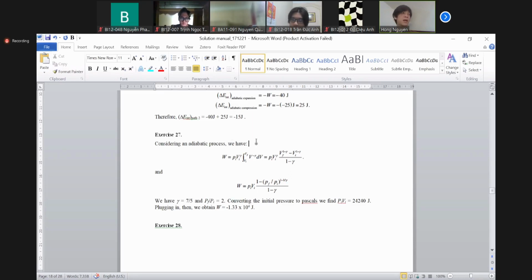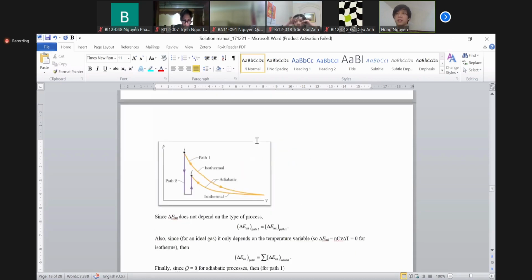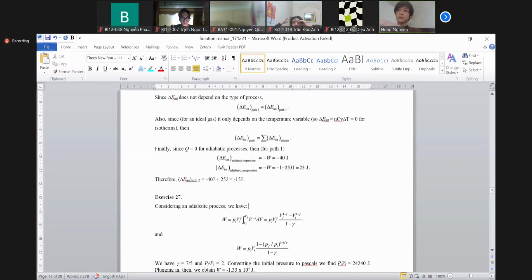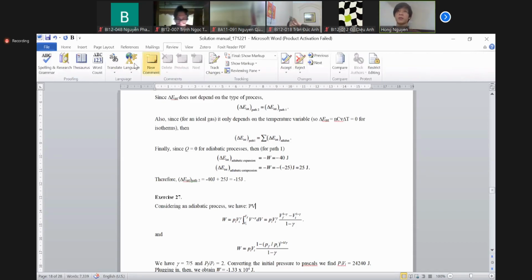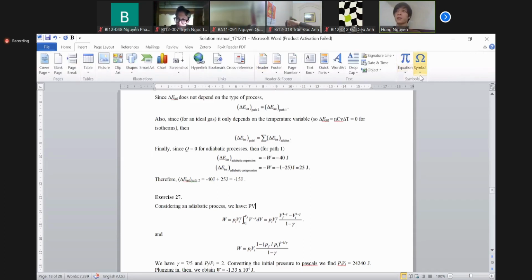PV to the power gamma is a constant. I'm looking for the gamma here. Is a constant.